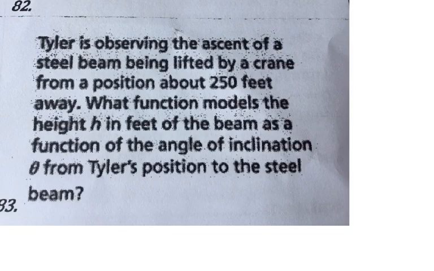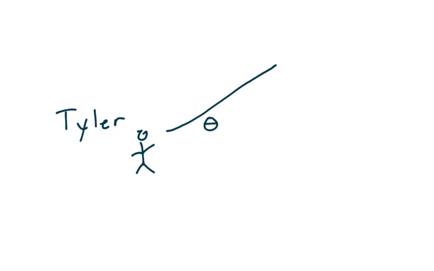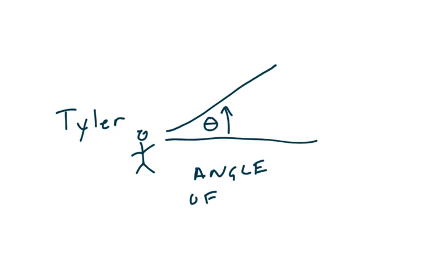Okay, what about 82? Well, here's basically what this one is, and I think it's too open-ended. But the idea is, here we have Tyler, and let's say he's right here, and he's looking up, and this is what we call, in this case, theta is going to be what we call our angle of inclination, right?